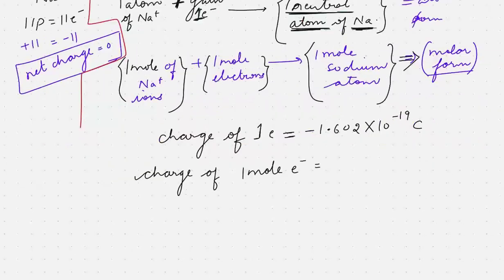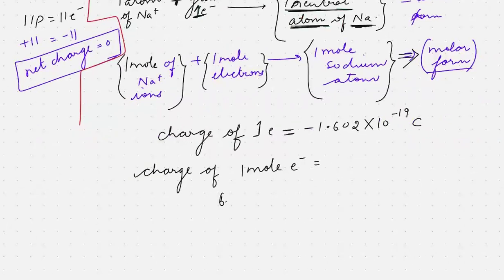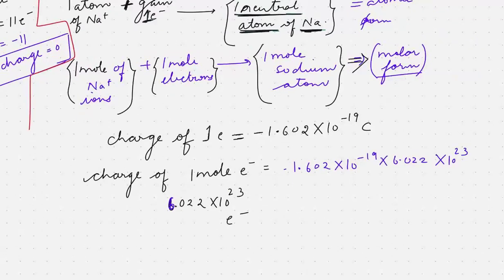How many electrons do we have? We have 6.022 into 10 raised to the power 23 electrons. So the charge will be 1.602 into 10 to the power minus 19 into 6.022 into 10 raised to the power 23. Once you solve this, how much does the value come out to be?